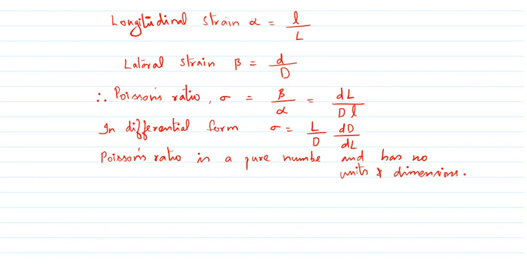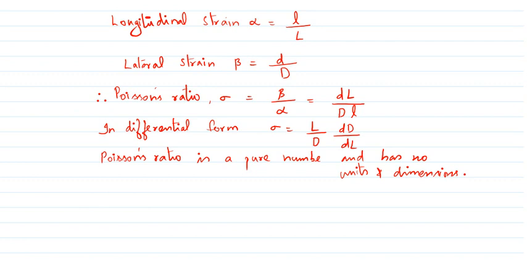We can find the theoretical limiting values of Poisson's ratio. They are obtained by using the equations relating Young's modulus, bulk modulus and Poisson's ratio, and also the rigidity modulus.